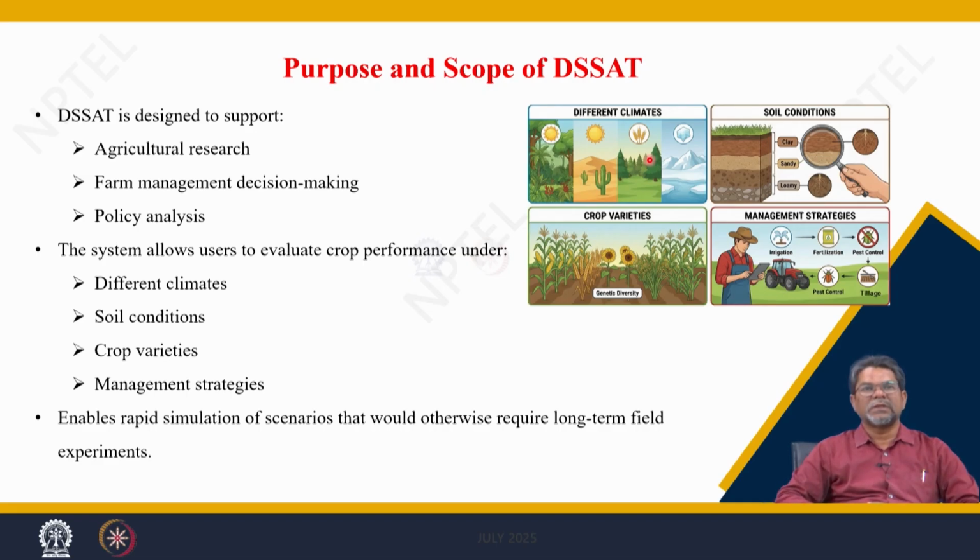Different climatic conditions can be tested and crop performance under different weather parameters can be simulated using this DSSAT model. If future weather is known, you can predict crop production and food grain production under the future climate scenario.